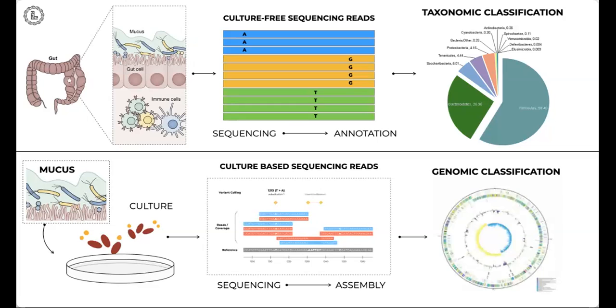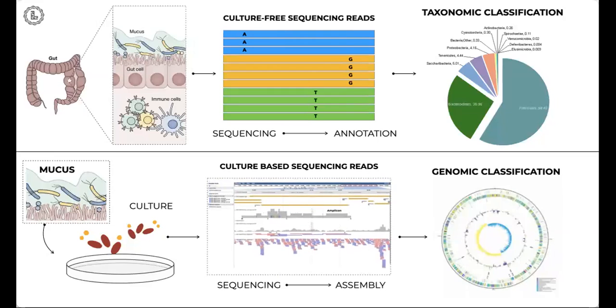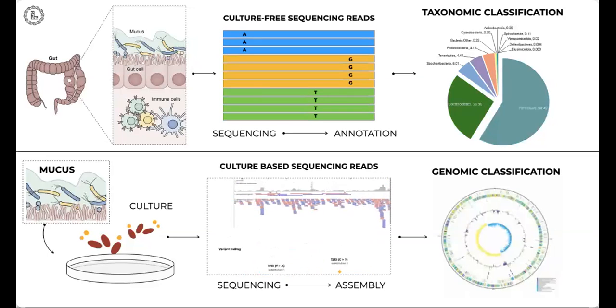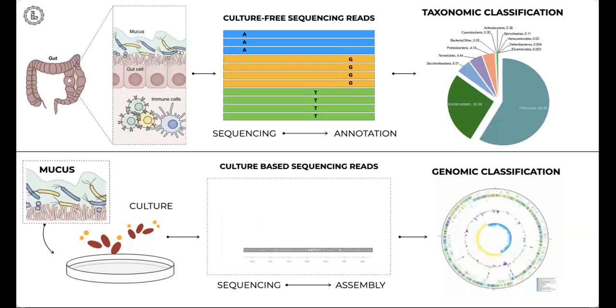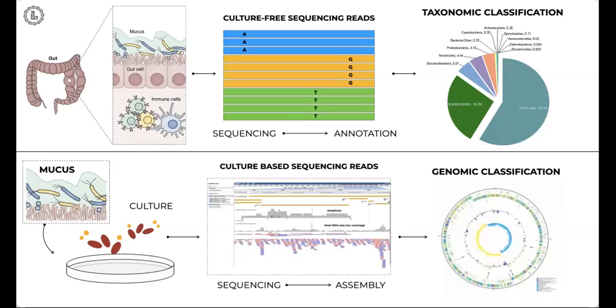To validate this, we could perform classification of fully assembled genomes to understand variation from the known genomes in the database, right? When we perform metagenomics whole genome sequencing approaches, we can take the fully assembled genome and compare it with the reference or known genomes from NCBI or other reference databases and identify the variation that is present in our assembled genome.